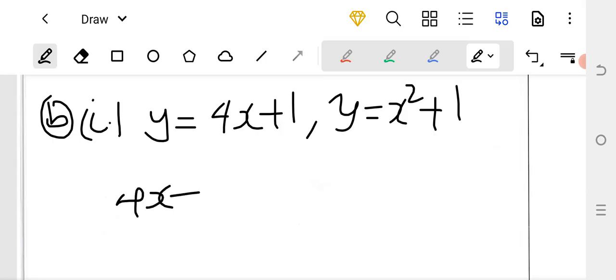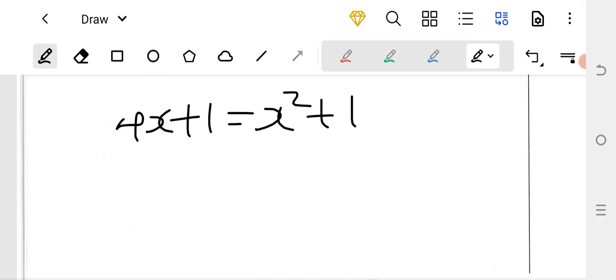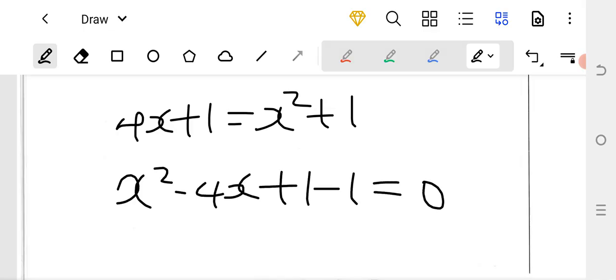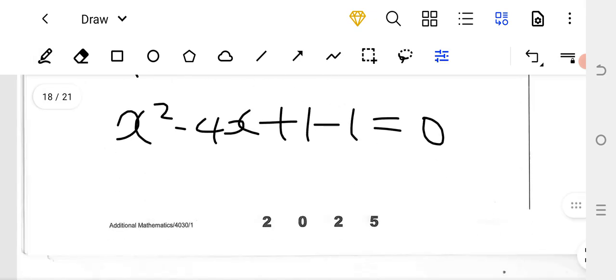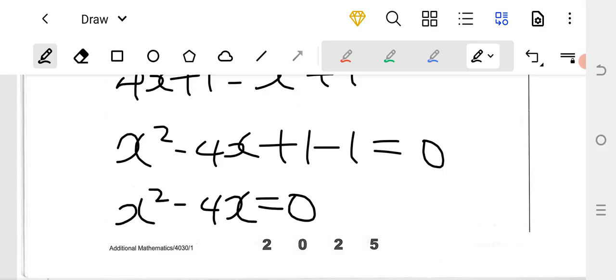So 4x plus a 1 is equal to x squared plus a 1. And then we are going to write it in the standard form for the quadratic equation. X squared minus 4x plus a 1 minus 1 is equal to 0. X squared minus 4x is equal to 0, like that.